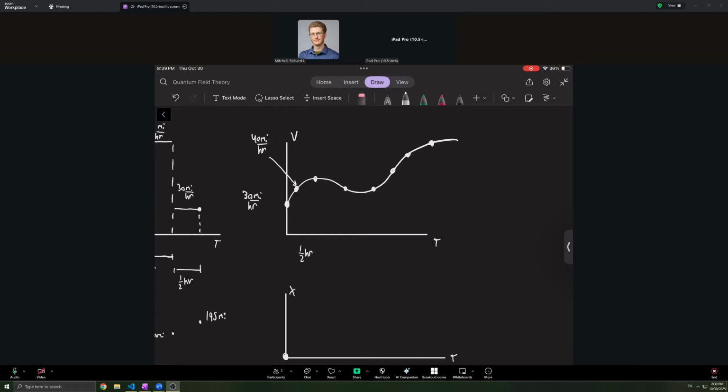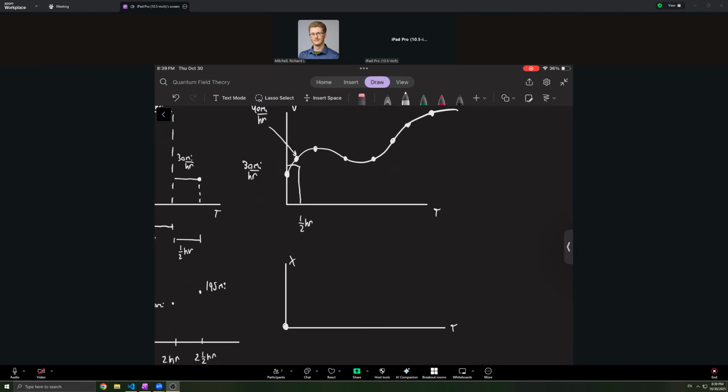So what we're going to do is approximate this area here. And we're going to call the height of this rectangle the average of 30 and 40, which of course is just 35. So then we're going to approximate the distance the car went in this half hour by the following calculation.